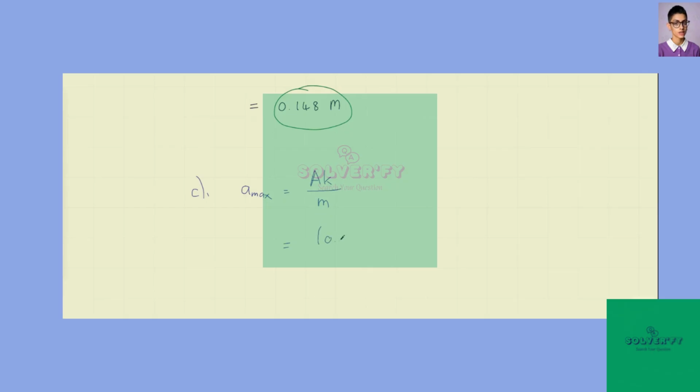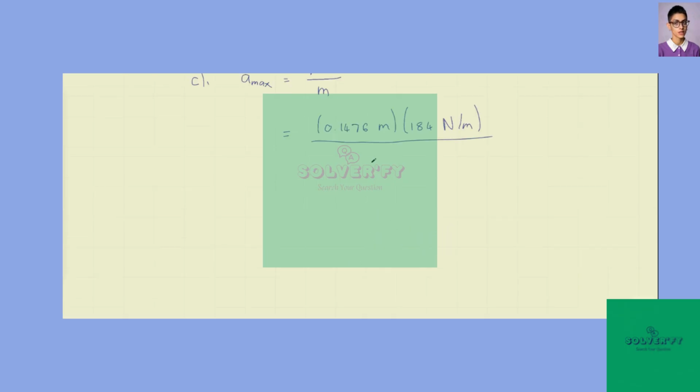So this is 0.1476 meters, the amplitude, times the spring constant, 184 newtons per meter, divided by the mass, 0.785 kg. Calculating, we get the maximum acceleration of the mass to be 34.6 meters per square second.